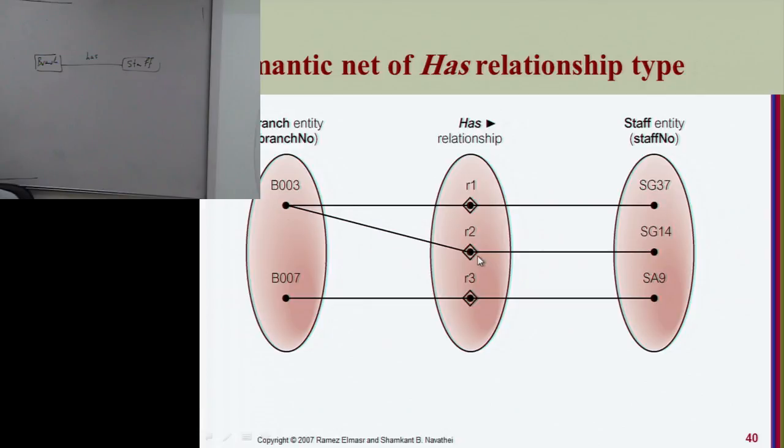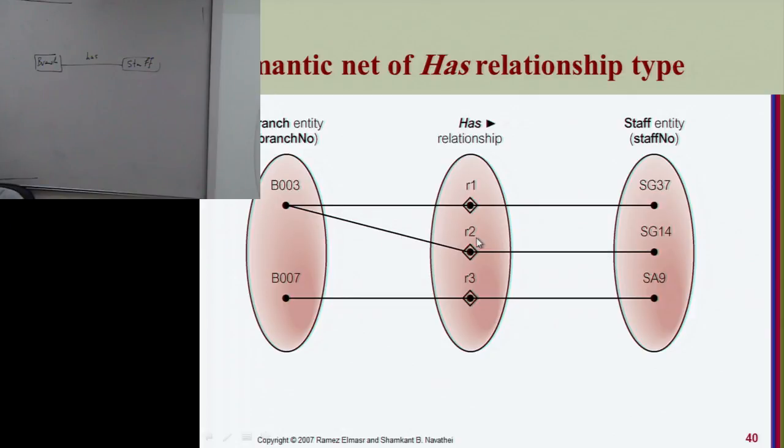B3 also has SG14. So if you look at this diagram, you would say that B3 has 2 staff members, while B7 has SA9, only 1 staff member. This is just a simplification, right?